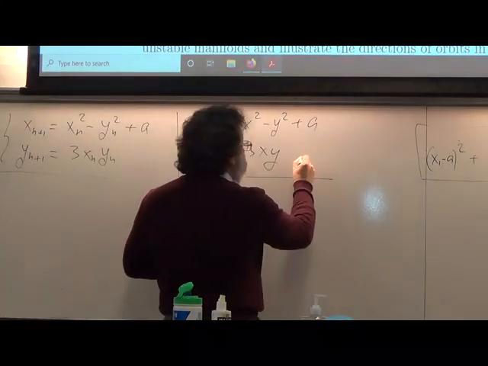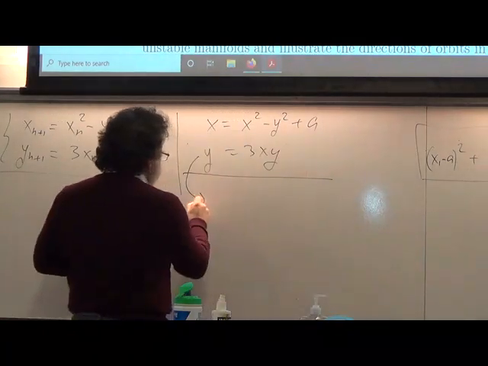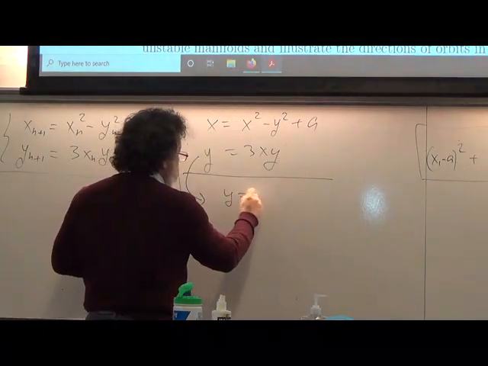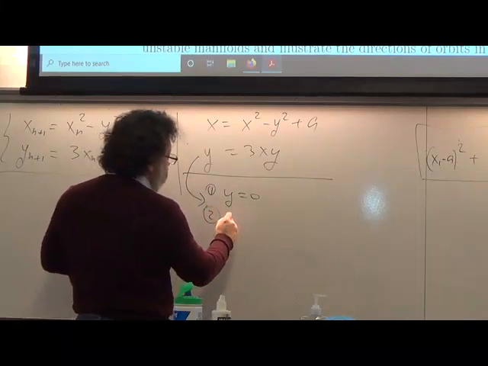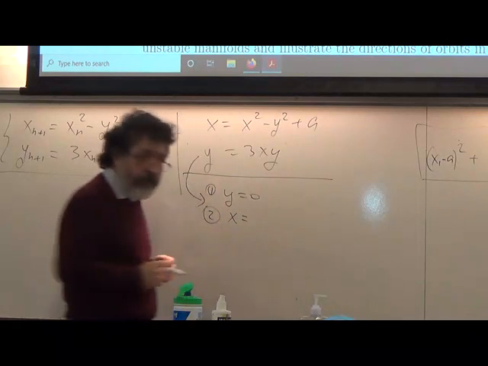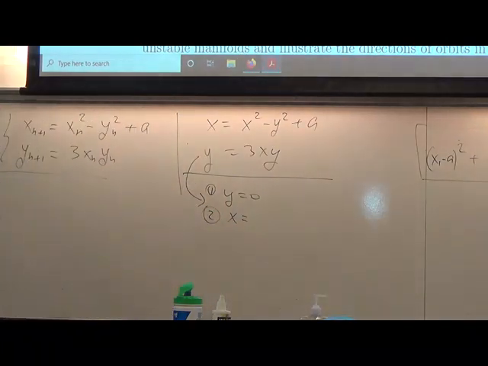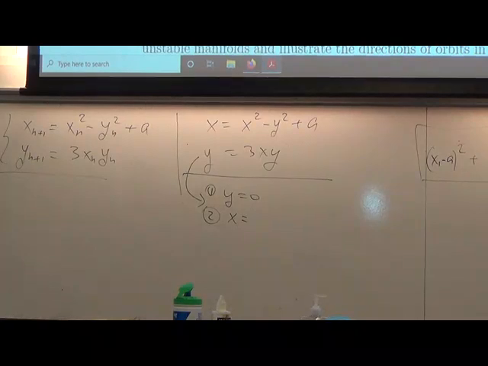So from the second equation, we conclude that y is 0, that's one solution, or x is 1 over 3.